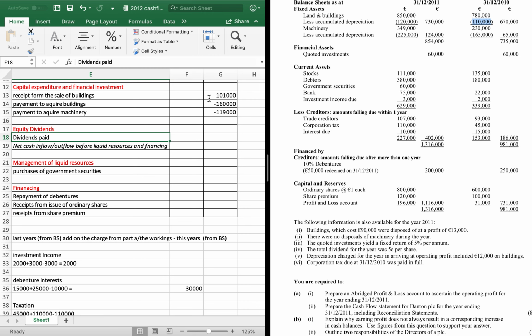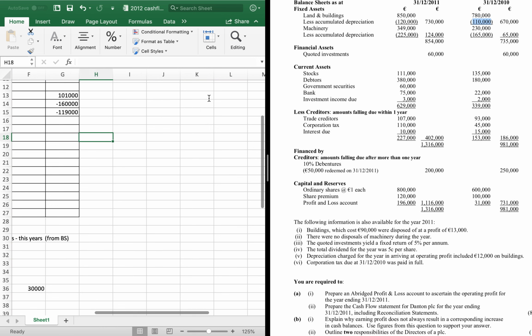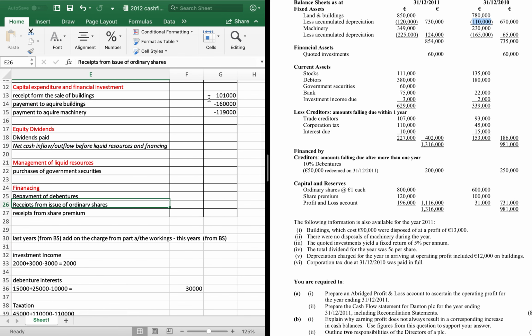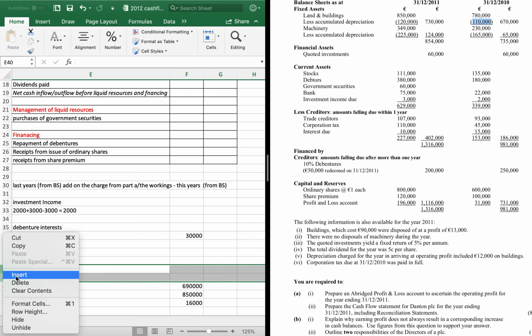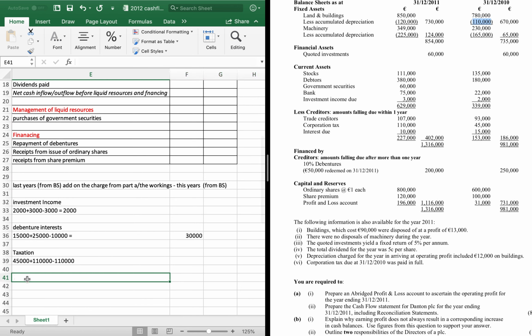Now again, with dividends paid, you would generally follow the rules of last year plus the charge minus this year. So we'll do that. I'll stick in a couple of lines here. So we've got last year's dividends, which is none. There are no dividends last year. If there were, they would be in creditors, creditors amount falling due within 1 year.